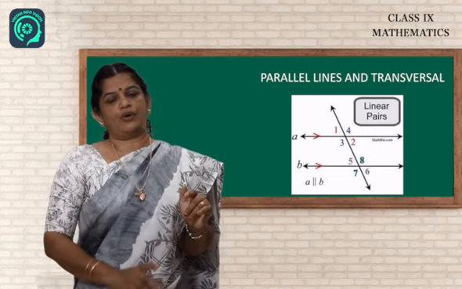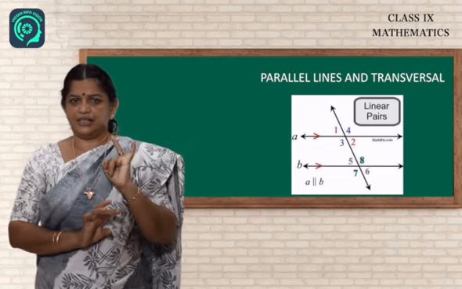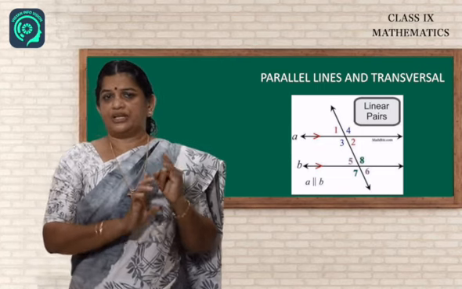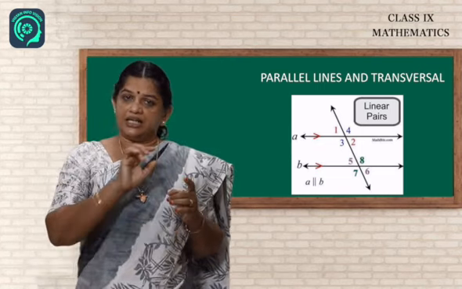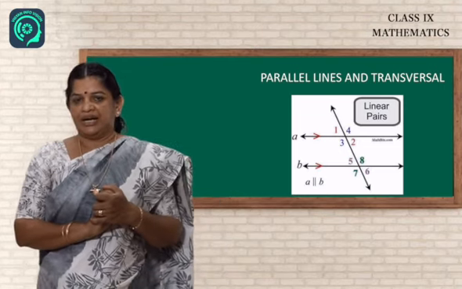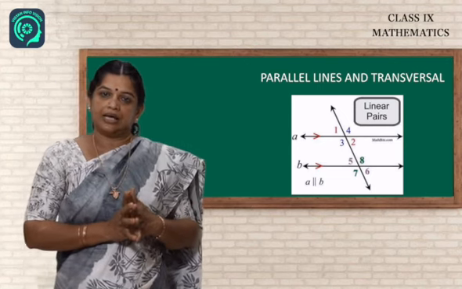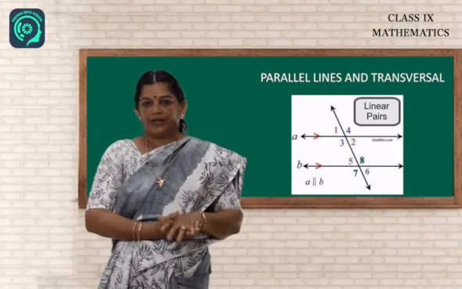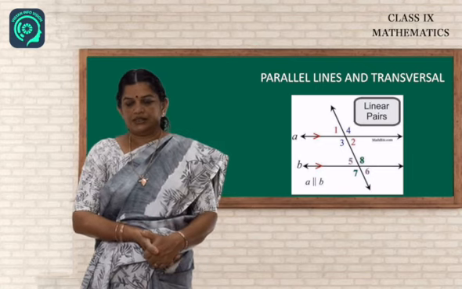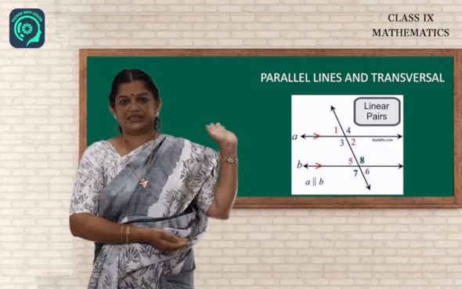Do you know what is meant by transversal? In your 7th standard and 8th standard you studied that, isn't it? So, a transversal is a straight line cutting two or more parallel lines. So, a transversal cutting two parallel lines forms 8 angles. I have given the names as 1, 2, 3, 4, 5, 6, 7, 8.